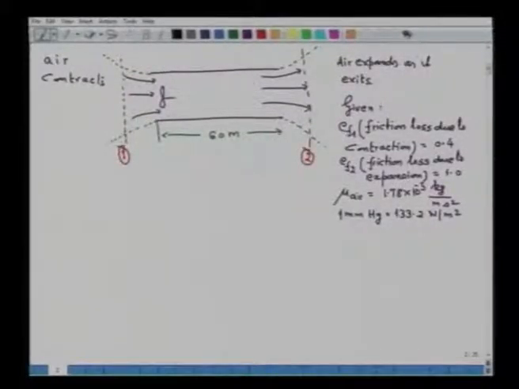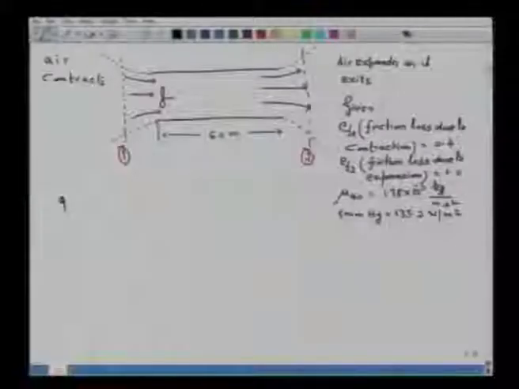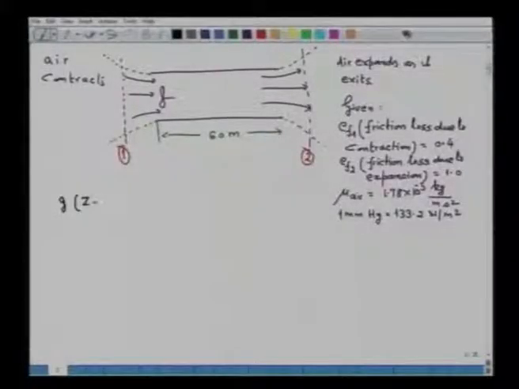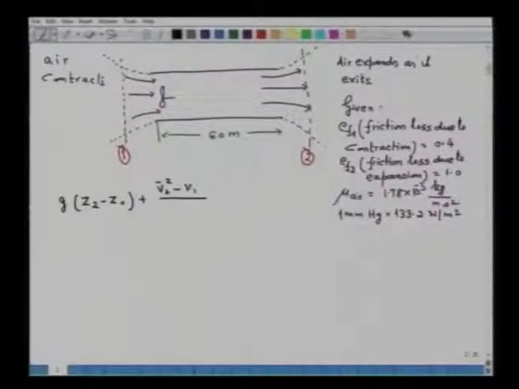Now, I will write the mechanical energy balance as we have derived: g into (Z2 minus Z1) plus (V2 bar square minus V1 bar square) upon 2 plus (P2 minus P1) upon rho plus F minus M is equal to 0.